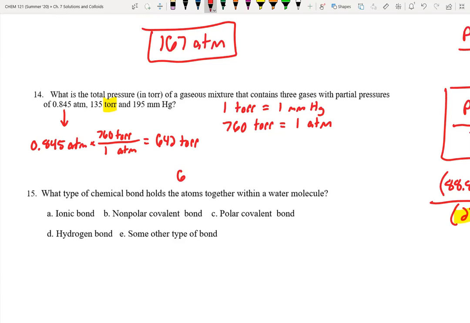So let's just add these all together now. So this was our first one. Our second one is 135. And then, like I said, 195 millimeters of mercury is going to be equivalent to 195 torr. So I've got 642 plus 135 plus 195. And I'm getting 972.